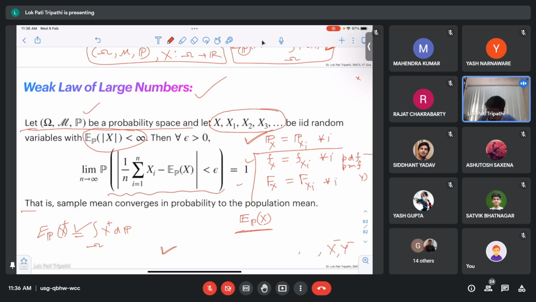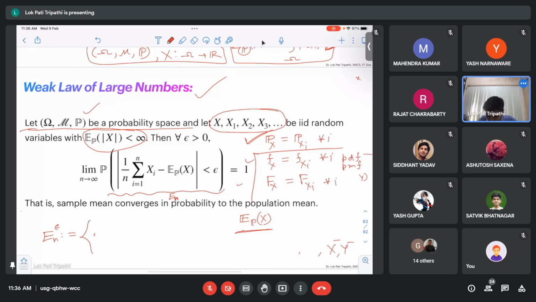So this you can denote by some event En. Okay, let me write it here. It is better to mention epsilon also: En epsilon.